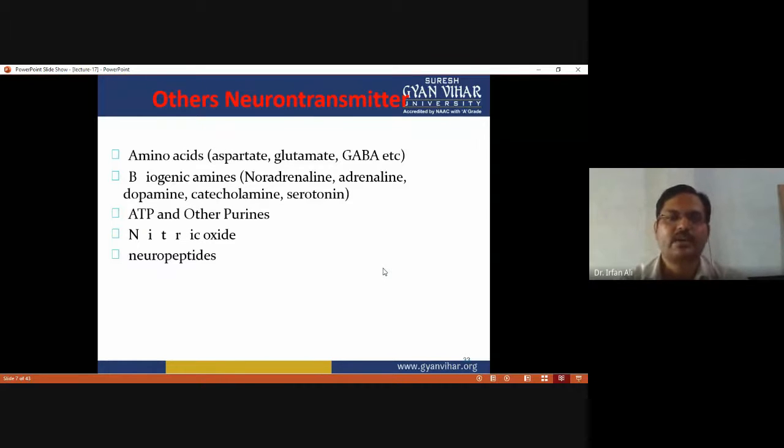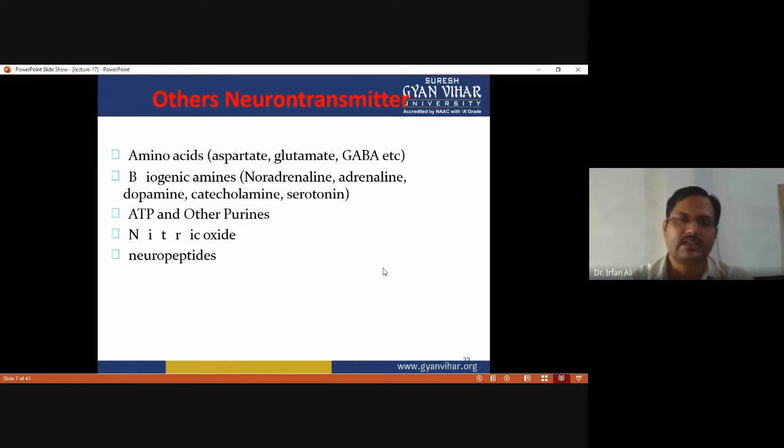Some biogenic amines also act as neurotransmitters, like noradrenaline, adrenaline, dopamine, catecholamine, and serotonin. ATP and other purines also act as neurotransmitters, and nitric oxide also acts as a neurotransmitter, and some of the neuropeptides also act as neurotransmitters. So these are the other neurotransmitters.